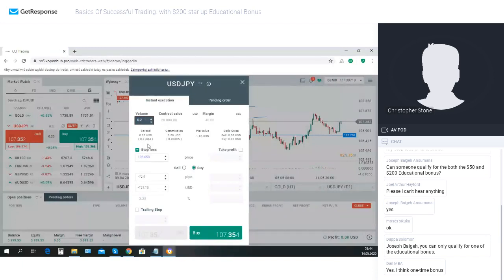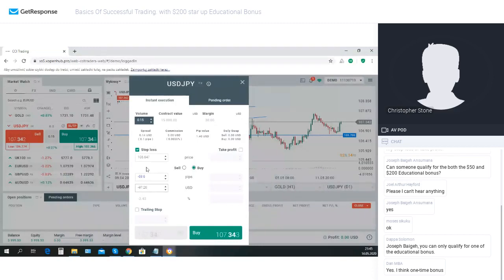Okay, I want to go below 100. So for example, I can use 0.16, it's 103. So let's try 0.15, and it's $97.